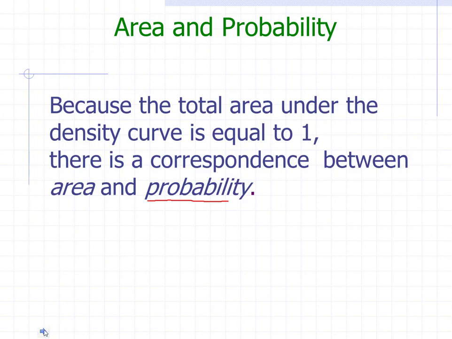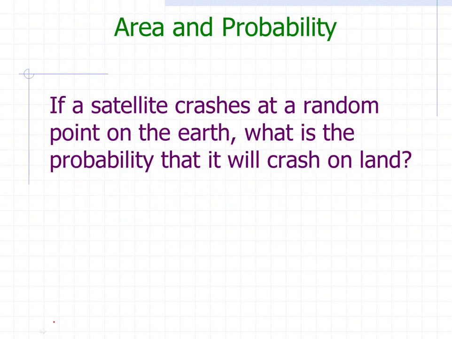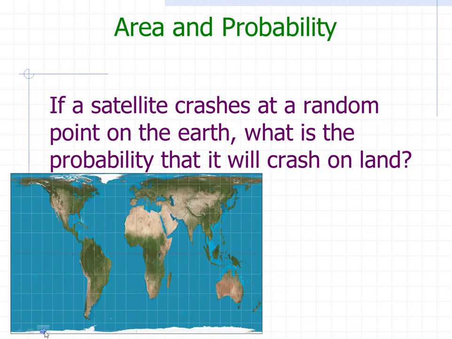And so we're going to look at how area is linked to probability. If a satellite is going to crash at a random point on the Earth, what's the probability that it will crash on land? Well, let's think about the Earth, and this is Peters projection.